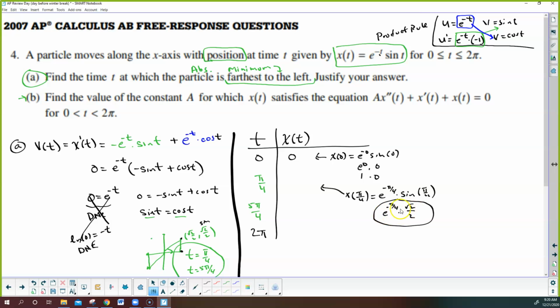And this number is positive. So this number is greater than 0. And that's all we really need to know, because we know that this number is not going to be an absolute max or minimum, because 0 is already less than that. Okay? And then the last, not the last one, but then we've got 5 pi over 4.